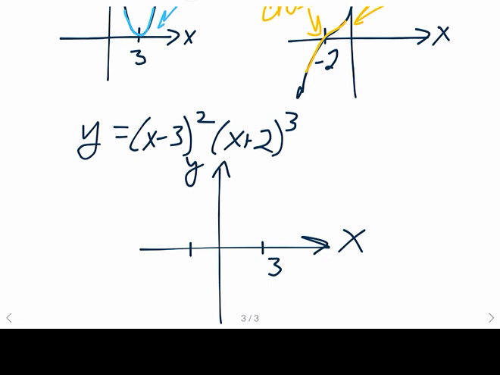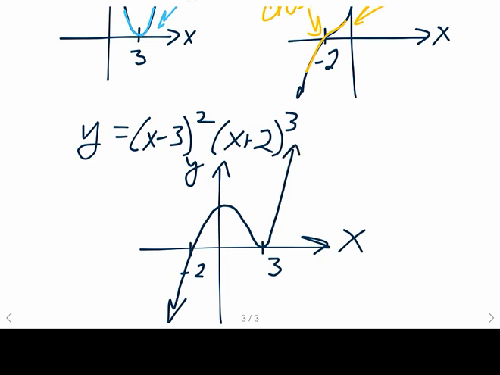At x equals negative 2, we would cross the x-axis, again thinking of it kind of as a Frankensteining of these two, and we would end up with a graph that looks something like coming up from the right, down, bouncing off of the x-axis at 3, and then crossing the x-axis at negative 2.